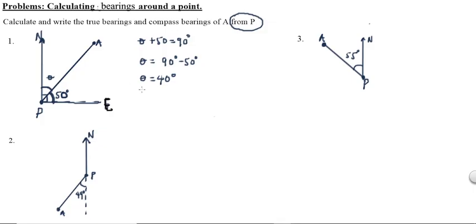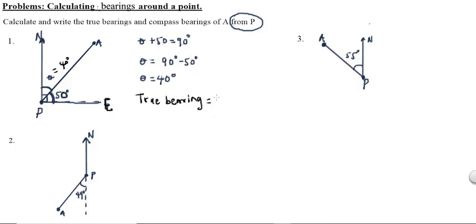To write our true bearing: if theta is 40 degrees, our true bearing will be 40 degrees, because that is the angle from the north to this line that connects PA.